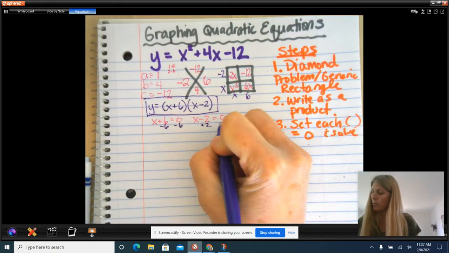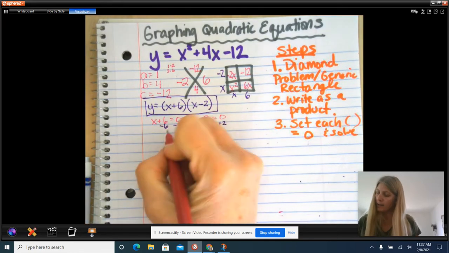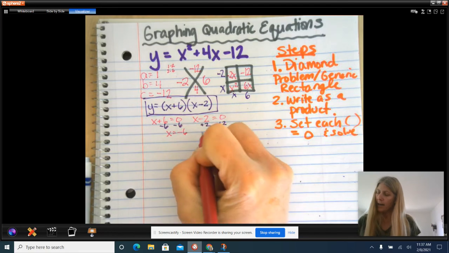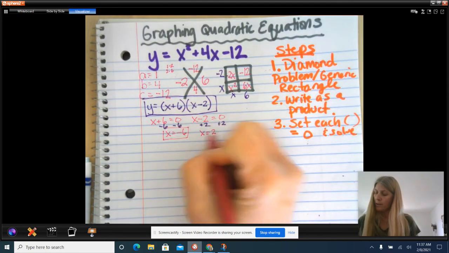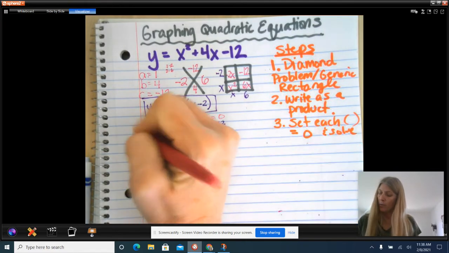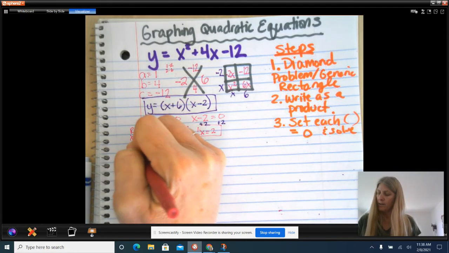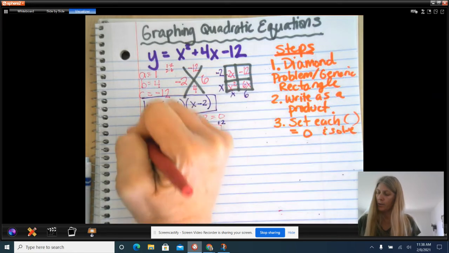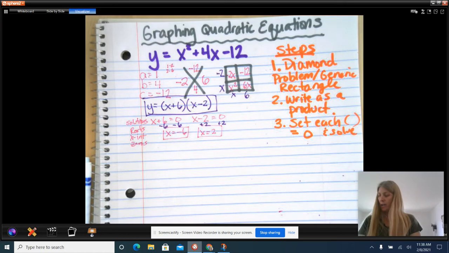We're going to add 2 to both sides for this one. And we have x is equal to negative 6 and x is equal to 2. These, of course, are our roots, our x-intercepts, our zeros, our solutions. All of those names are interchangeable, and you should know each of those.